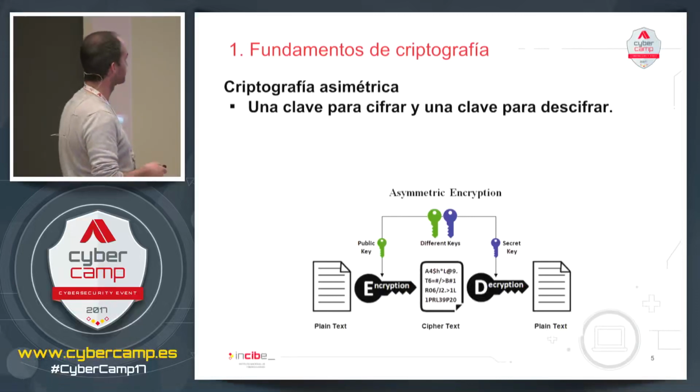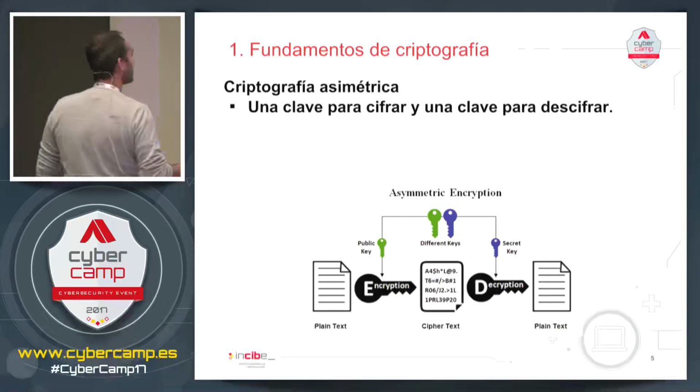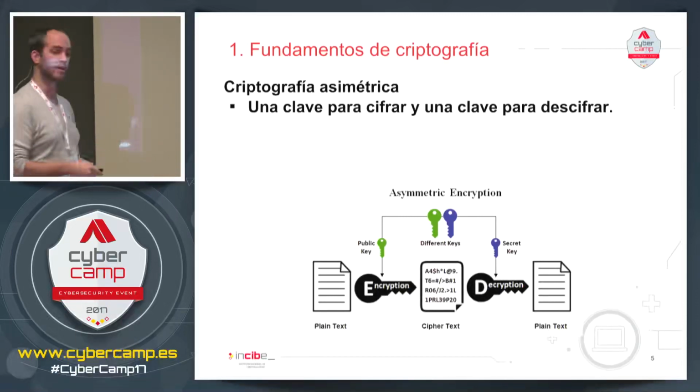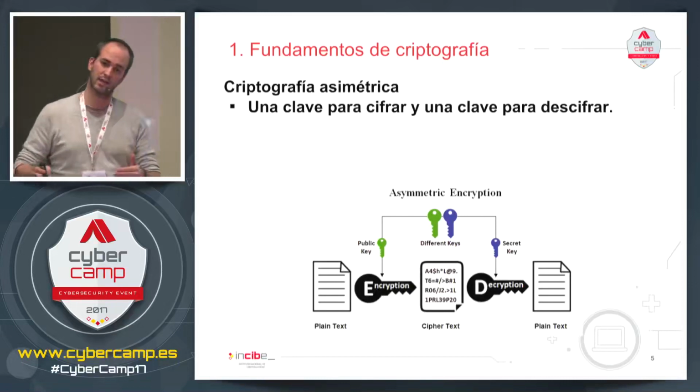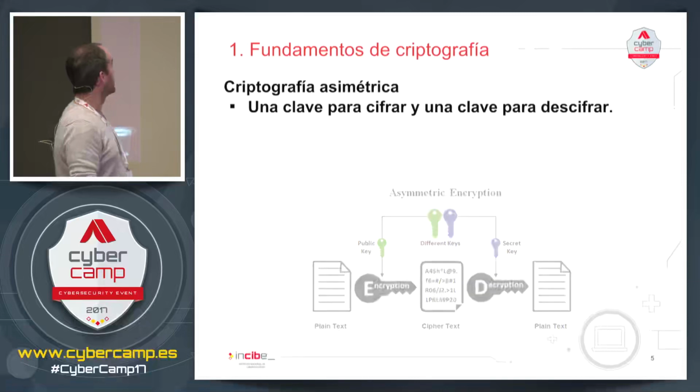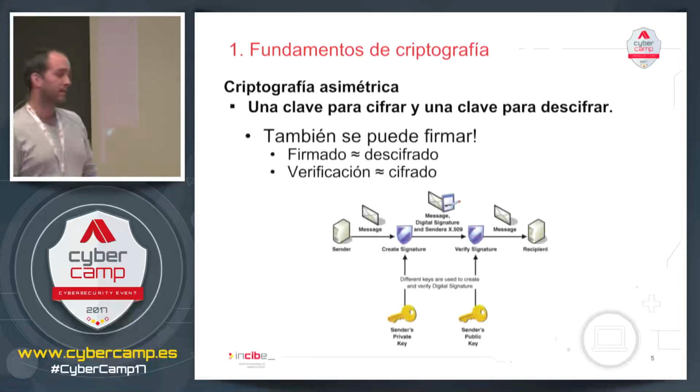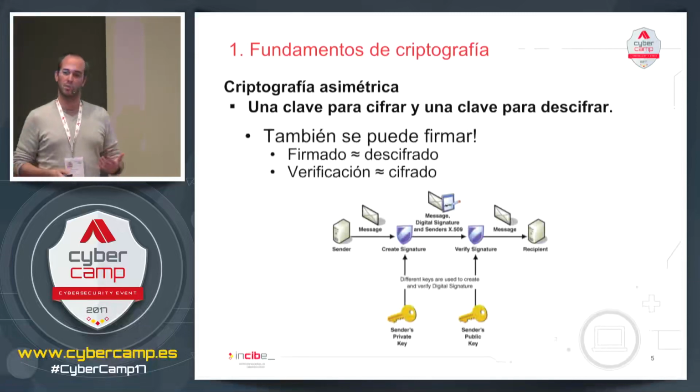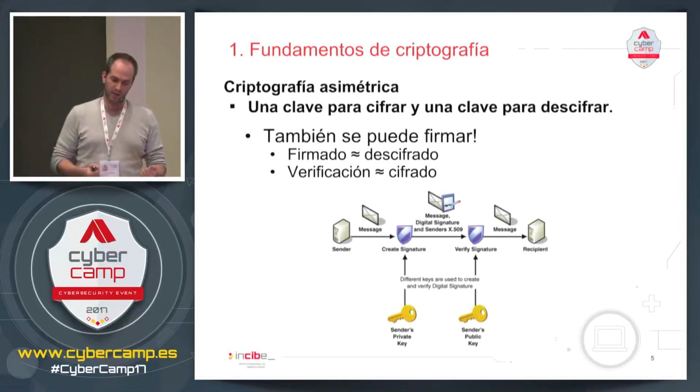So cryptography, asymmetric cryptography. You have one key to encrypt and another to decipher. That's what makes it different to symmetric cryptography. And what it allows you to do is, in addition to encrypting, you can sign digitally. Why?